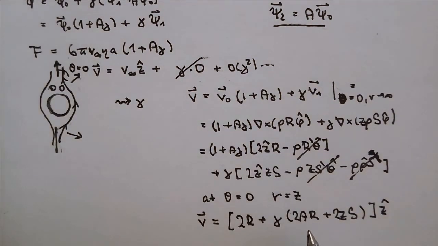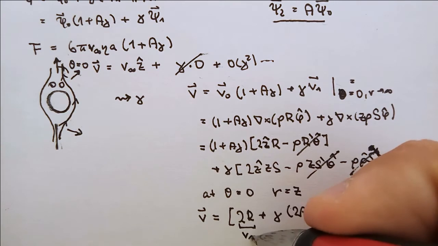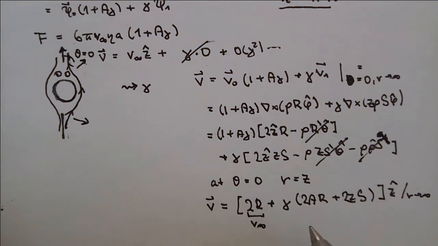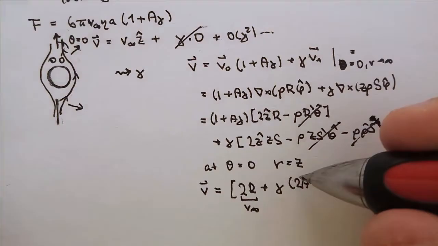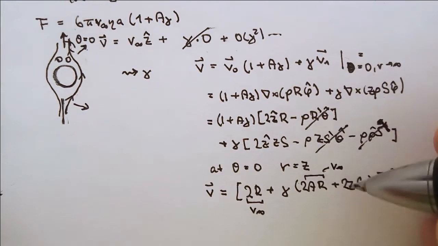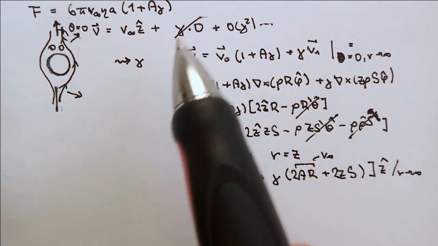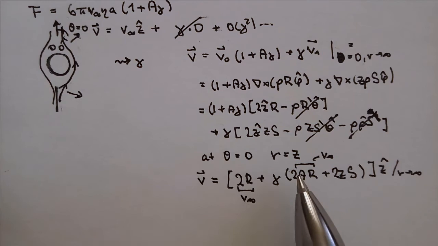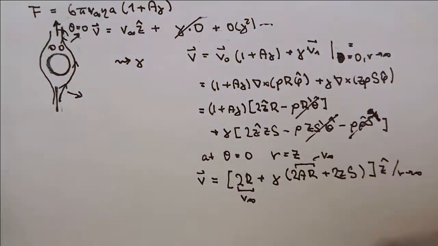So this will automatically, at R equal to infinity, be V infinity by definition, because this is the Stokes solution. This should be V infinity, and there is also V infinity if we take the limit. But the condition I mentioned, that this term should be 0 order of gamma, means that A is equal to the limit of the S divided by V infinity, so with minus.